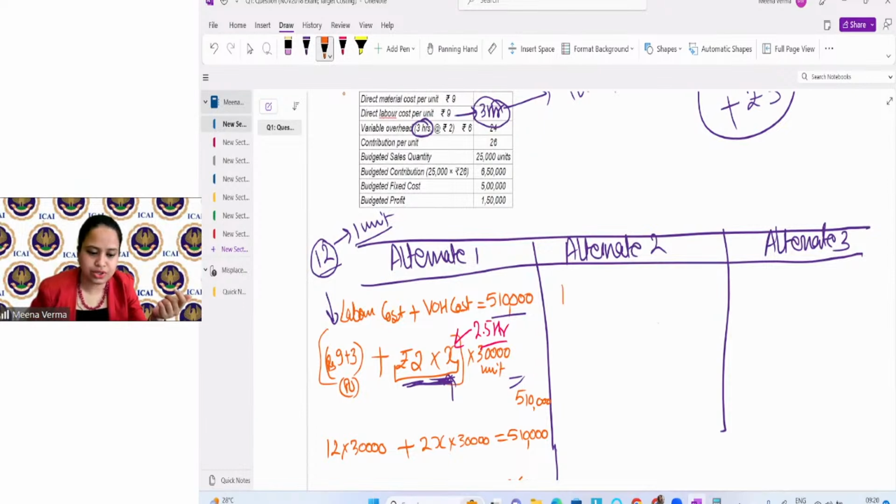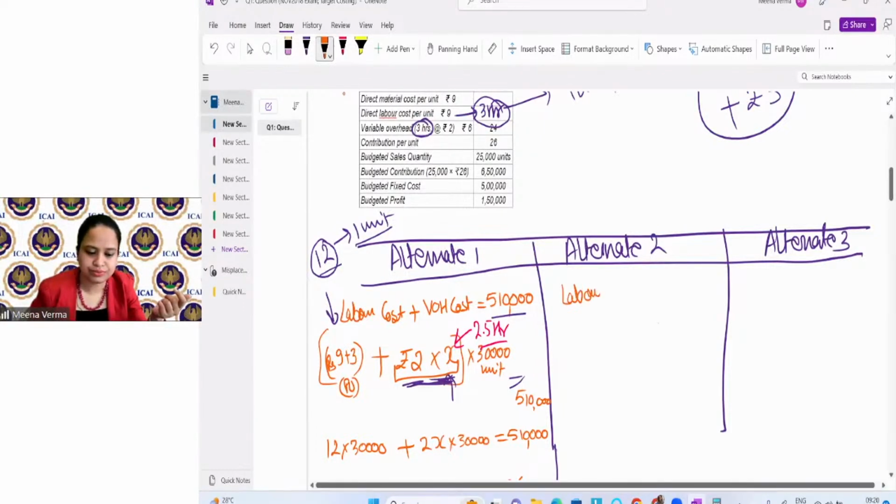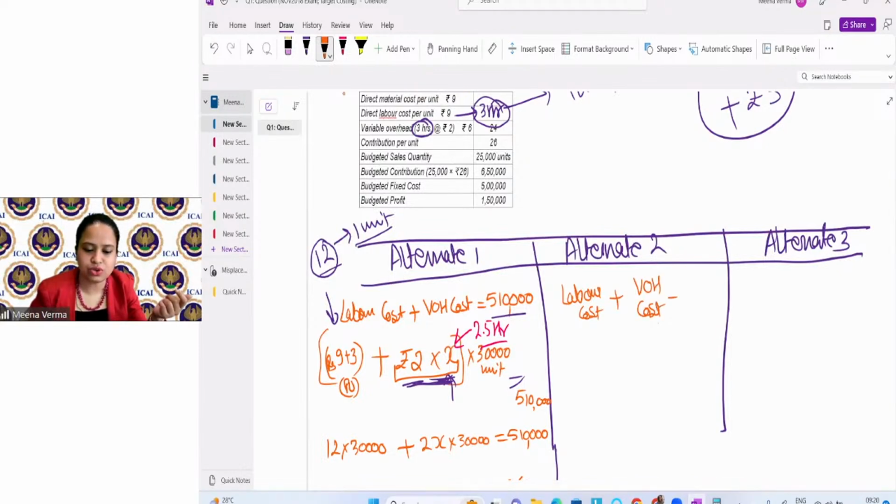So we know that labor cost plus variable overhead cost will give the total cost to the company, which is 5,10,000. This is the total cost of the company. Now for the labor cost, we are assuming that we are paying 3 plus 3. Earlier 3, but now 3 more. This much we are paying to the labor.